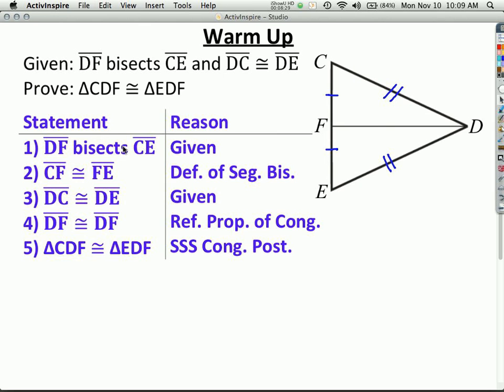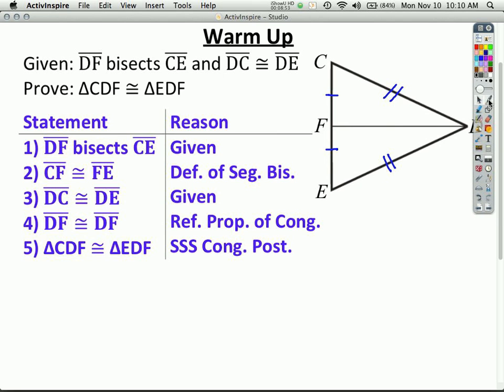Did you say that because this bisects this, that makes point F the midpoint of that? And then say that because it's a midpoint that they're congruent? So you skipped over a step of logic. Your logic is fine, but you skipped over a detail. Okay? Do you understand? At no point in your list of statements did you establish that this was the midpoint.